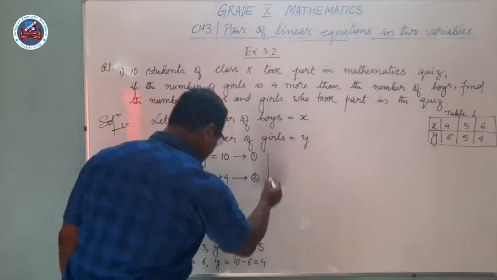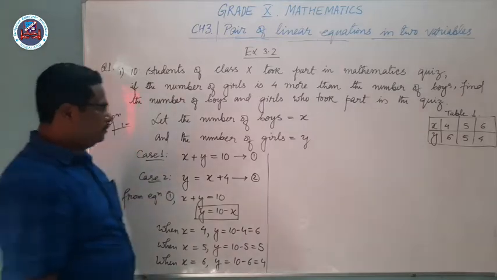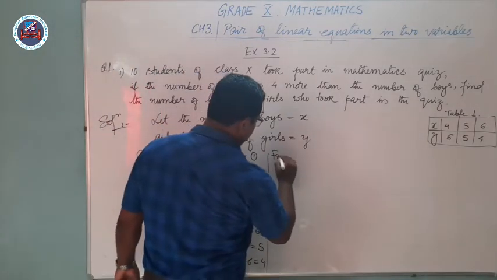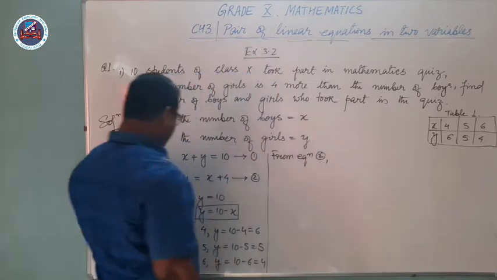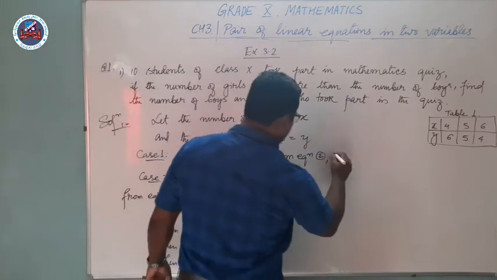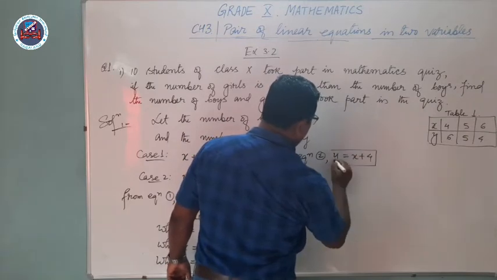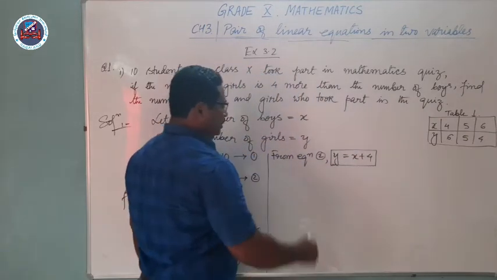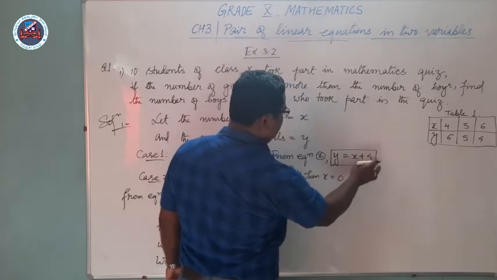After that, you can go for the second solution for case 2. From equation 2, we have y is equal to x plus 4. Here it is already arranged in y form. When x is 0, y is 0 plus 4 is 4.